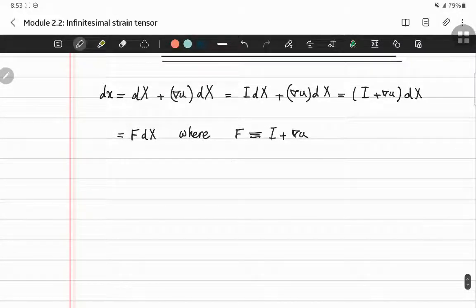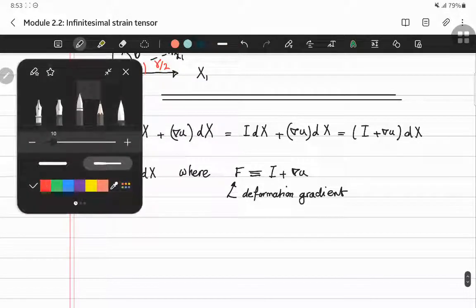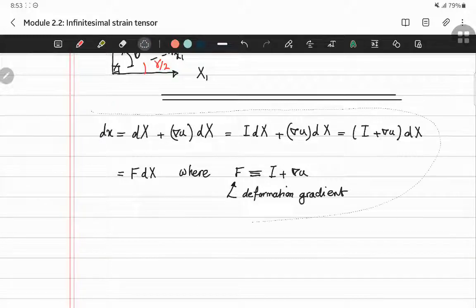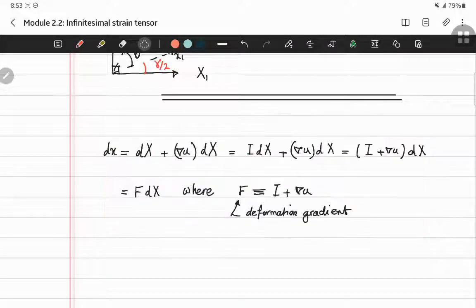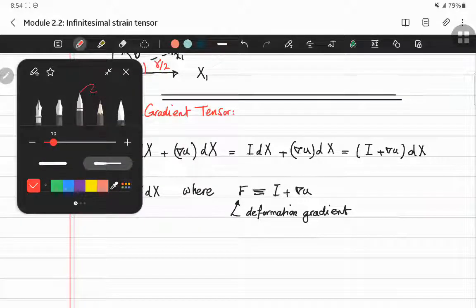We know this as the deformation gradient tensor.